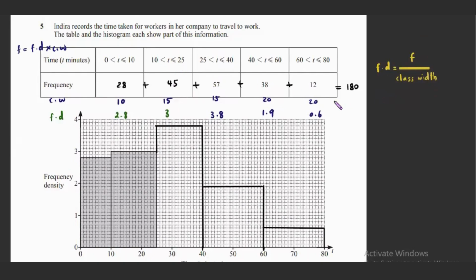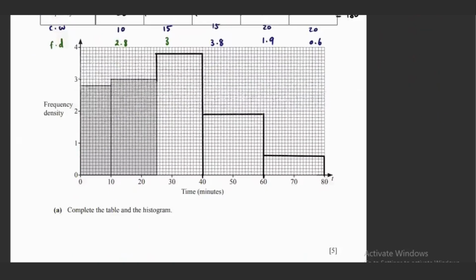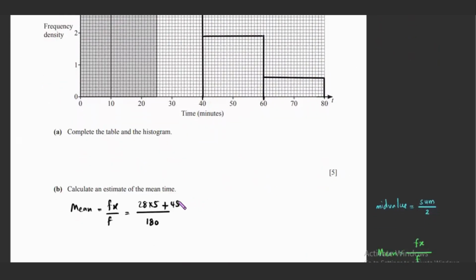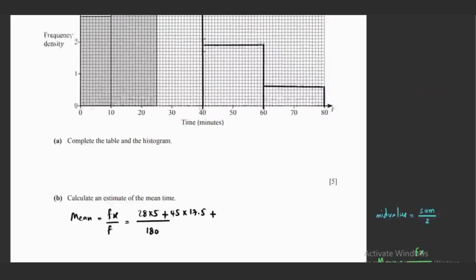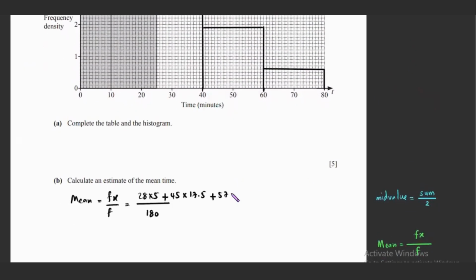In between 10 and 25, the mid value is 17.5. So 45 should be multiplied with 17.5. Next, we have 57, which should be multiplied with the mid value here, which is 32.5. So 57 times 32.5. Next, we have 38 and 50.